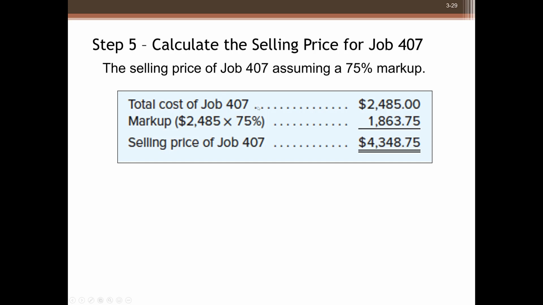So we have the total cost just calculated, $2,485. Markup here, 75% on top of the cost. So we use cost multiplied by 75%, and then we can get a markup here, 1,863.75. And add up to the cost, we can get the selling price, $4,348.75.